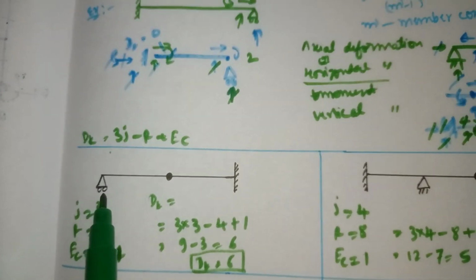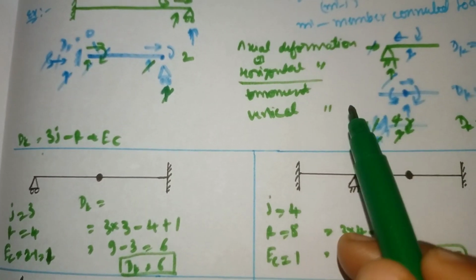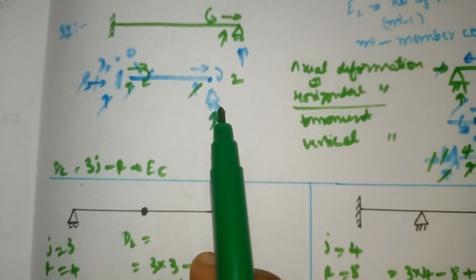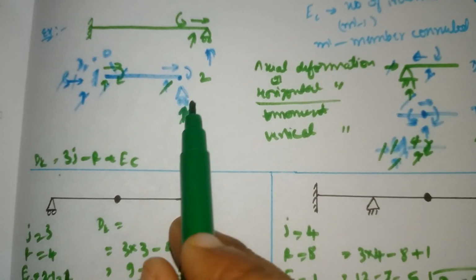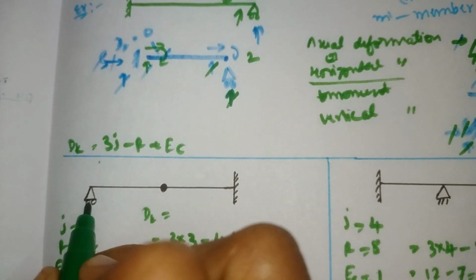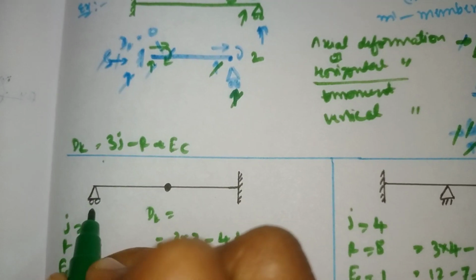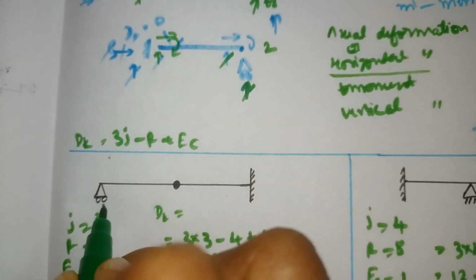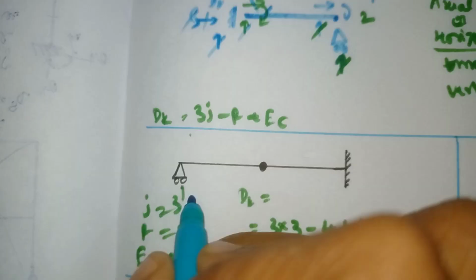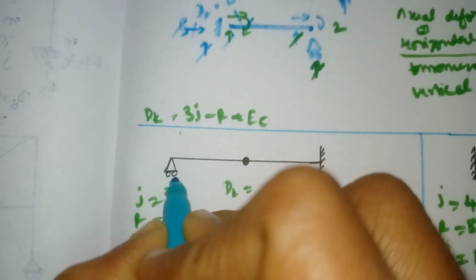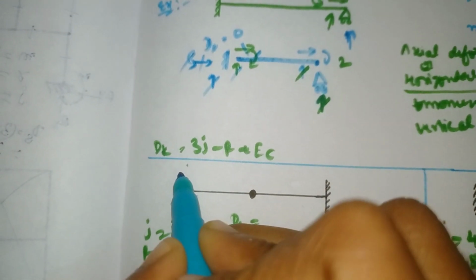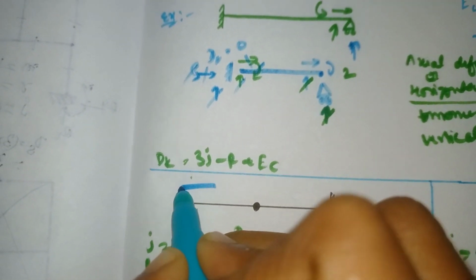So at the roller support, how many? The value of dk at the roller support is 2. Because I will show one more time. At the roller support the reaction is 1 vertical. In our joint, if you take any joint, how many deformations are possible?